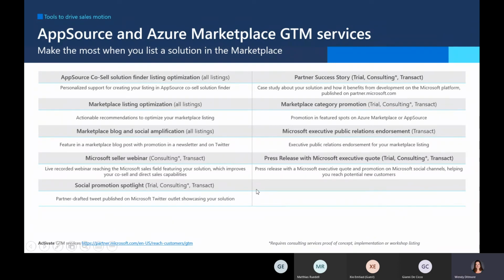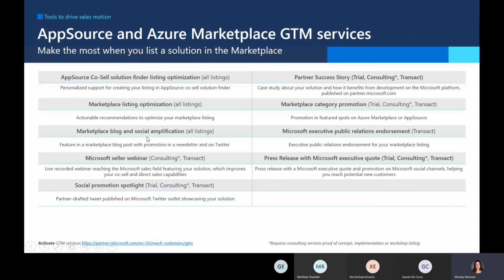Now we have go-to-market services that you can activate when you have a listing in AppSource or Marketplace. These are all available to our ISV partners who have a listing. Some of these can be very powerful to help amplify awareness of your solution. Some of the things that I know are very popular for our partners that I would encourage you to activate if you do have that listing is to consider activating the listing optimization service.